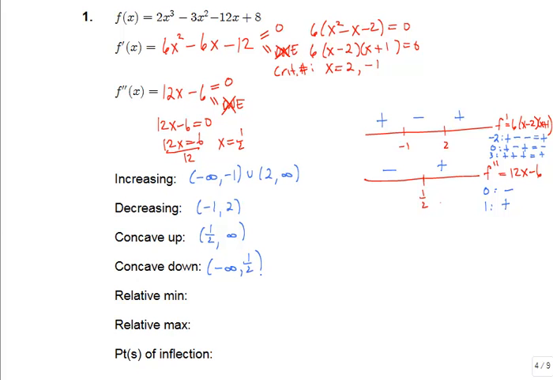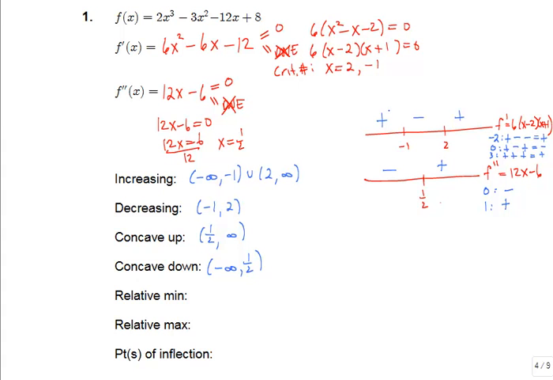Okay? Now, to find relative mins and maxes, you can use that second derivative test. But usually when I'm doing these problems where I'm making my number lines and I'm going to be making my sketch, I've already done all the work to create this first derivative, so it's just as easy for me to look there using that first derivative test to figure out my maxes and my mins.